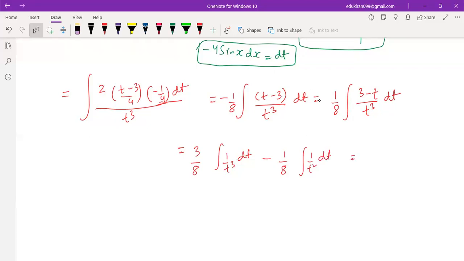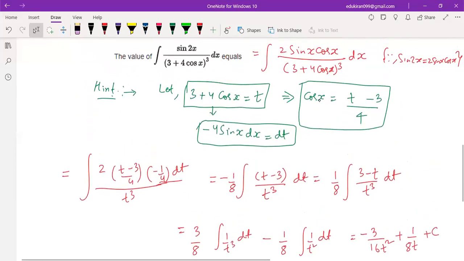So this will become t to the power minus 3 will be t to the power minus 2 by minus 2 on integration. So it will be minus 3 by 16 t square. And t to the power minus 2 will become t to the power minus 1 by minus 1. So plus 1 by 8t plus c.